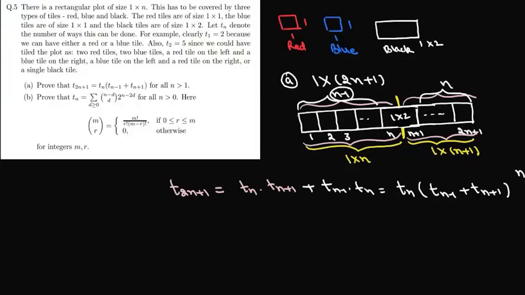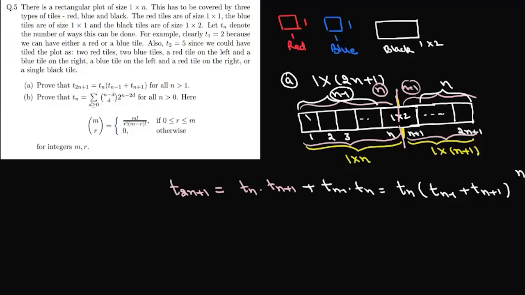So in this first part, basically there were 2 cases. This first case where we have taken these 2 parts separately, where we have n on the left and n+1 on the right, and then this second case where we have this 1 cross 2 tile.